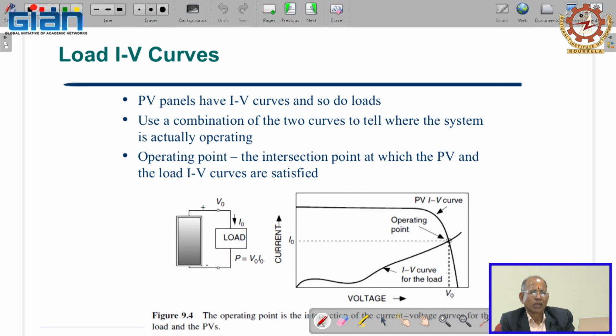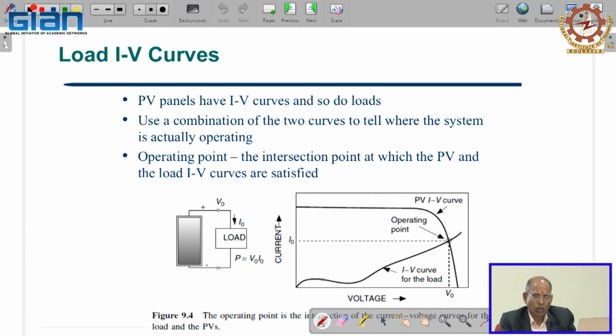Okay. Then we already saw the IV curve of the PV system. As I said, it is not only one IV curve, but there are several IV curves as the insolation level changes. Now, where will we operate our power system? We will have a load. What is the nature of the load?